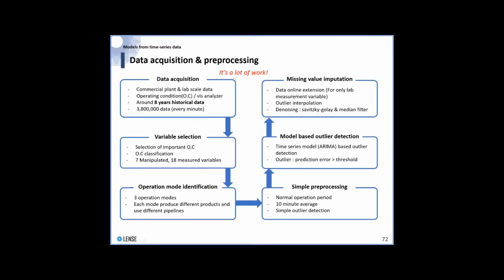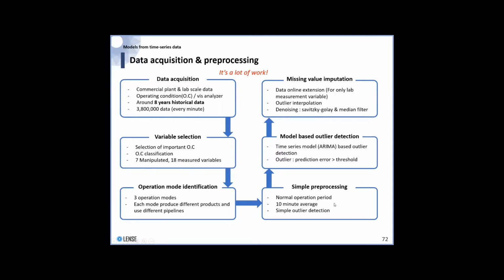And of course, in applications like this, you have to do a lot of dirty work. You do data acquisition, a lot of data, 3,800,000 data points, which came from 80 years of operation. Then you have to select the right variables. Operation mode identification: there were different modes of operation.